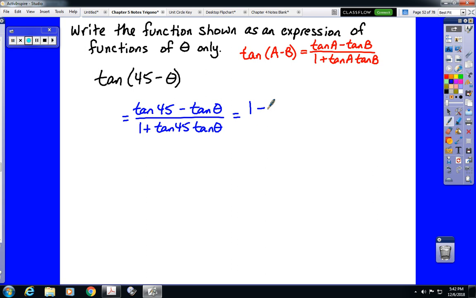So 1 minus the tangent of theta, because we put in a 1 for tangent 45, over 1 plus 1 times the tangent of theta, which is tangent theta. That expression is perfectly fine, and it's not going to get any better, so we might as well just keep it. That is the end of the tangent problem.